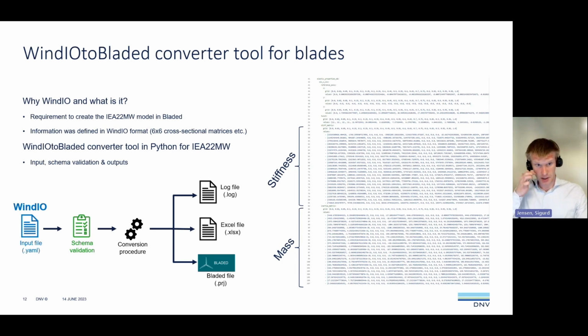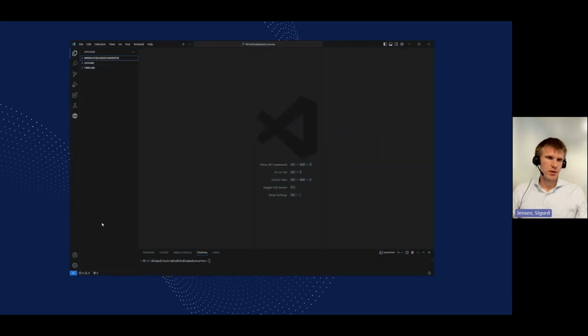This is a Python implementation as an example for the IEA 22 megawatt model, and it takes this YAML file as an input, does schema validation of it, and then converts the information into a Bladed project file that can then be opened. So I'll just do some demonstrations on that. Just using Visual Code, we can have a look at the input file.